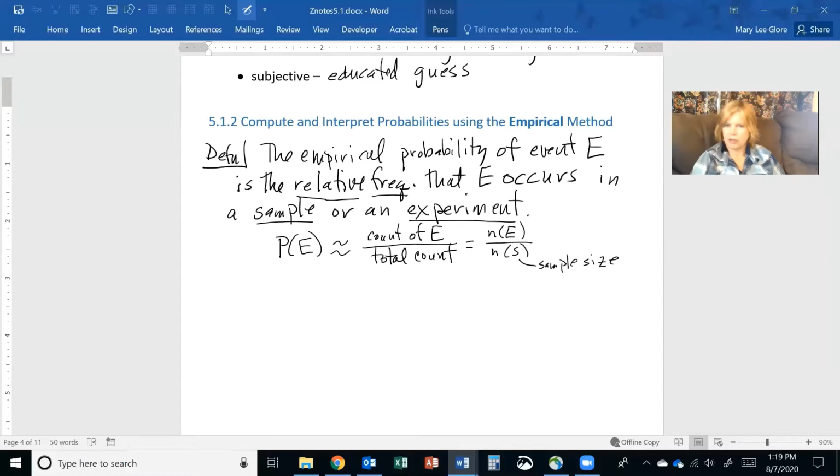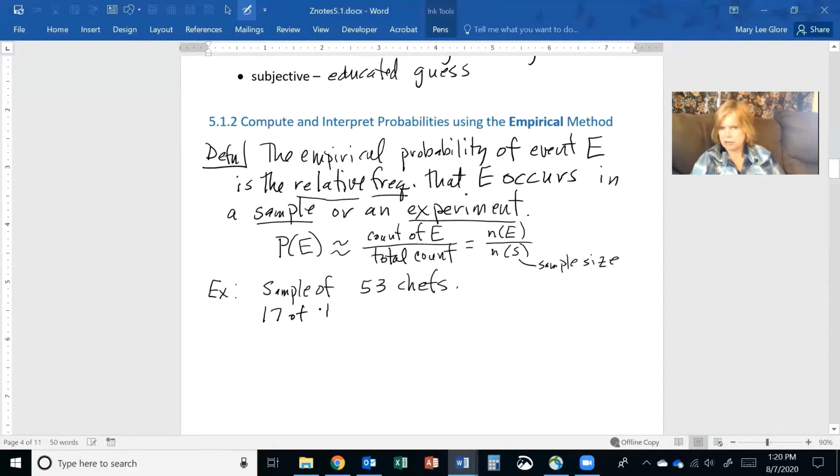All right, so an example might be, I want to know what proportion of chefs prefer Italian. So I take a sample of 53 chefs, and let's say that 17 of them prefer Italian to other types of foods.